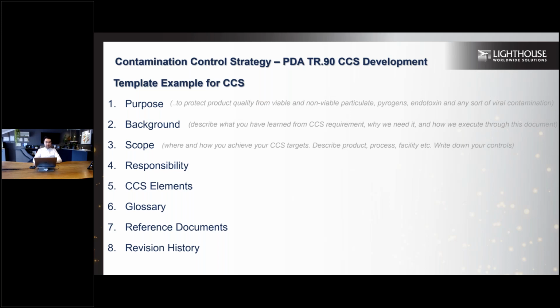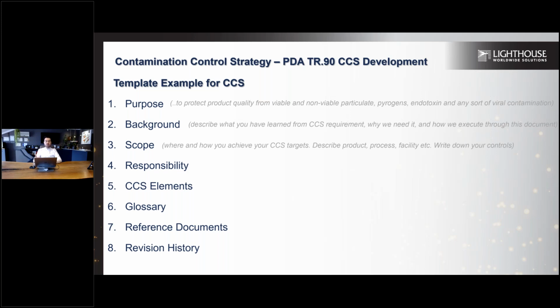In the scope section, we want to describe our product, process, and facility as well. We need to write down all the control measures within this step. Let's say you have 15 different control parameters. You have to name them individually. So every single control parameter, this could be a microbiological control, personnel control aspects, process, product, utilities, infrastructure.